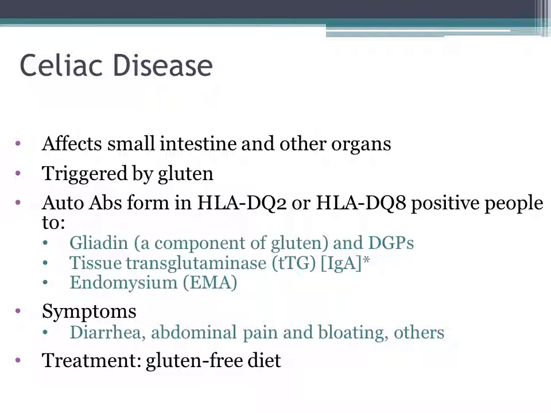Symptoms are diarrhea, abdominal pain, and bloating, sometimes extremely severe. Treatment is basically avoidance. Stay away from gluten. There are some meds for if a person inadvertently ingests gluten, to calm down the symptoms a little bit as they get through an episode.